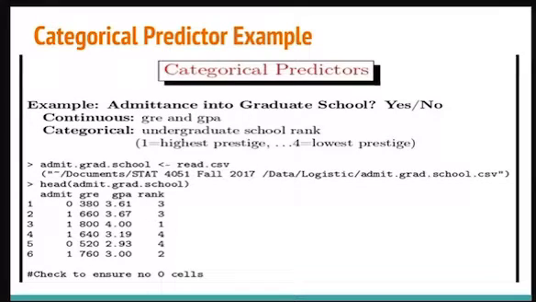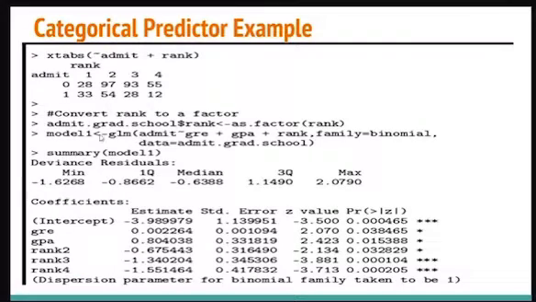Now we can generate a table. Take a look at that very table now. 28 applicants from undergraduate school, okay, with a low prestige, were not actually admitted.